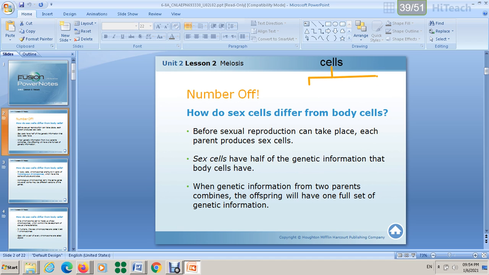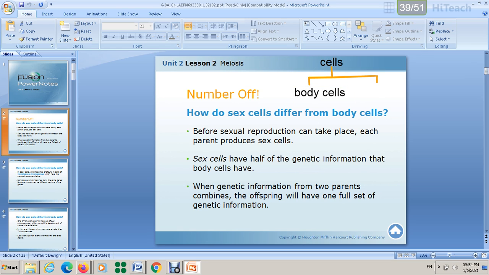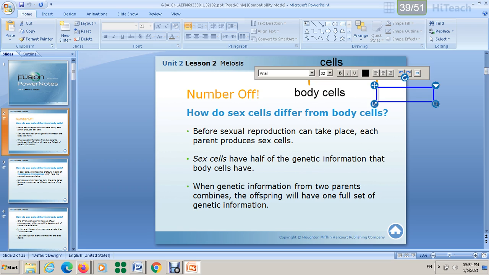And gametes or sex cells. Here body cells and here sex cells.